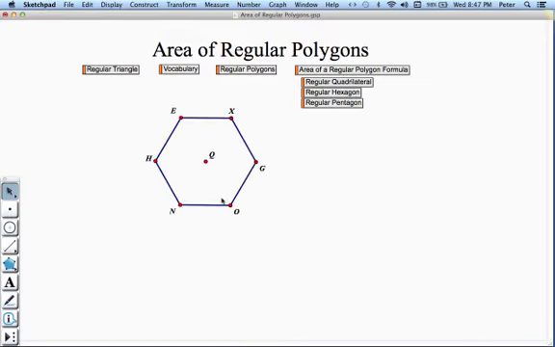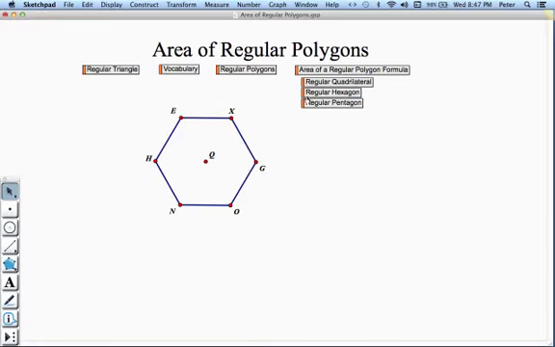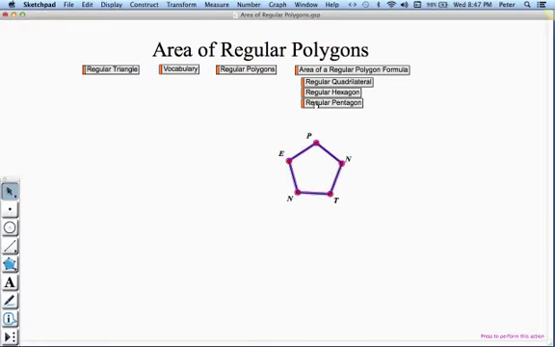All right, now let's take a look then at what a regular hexagon might look like. 6 congruent sides, 6 congruent angles. You'll remember from your angle measure formulas in Chapter 7 that we can find the measure of each of these interior angles by multiplying n minus 2 times 180 over n. Okay, let's take a look at a regular pentagon.